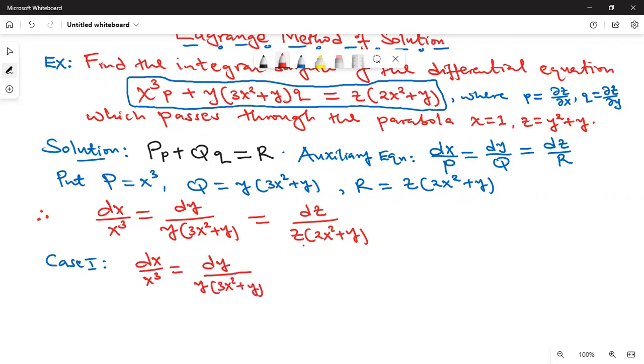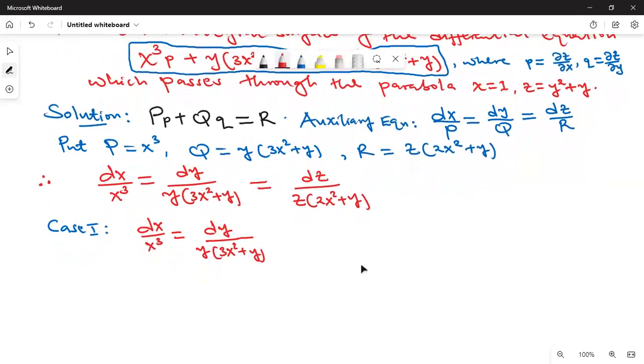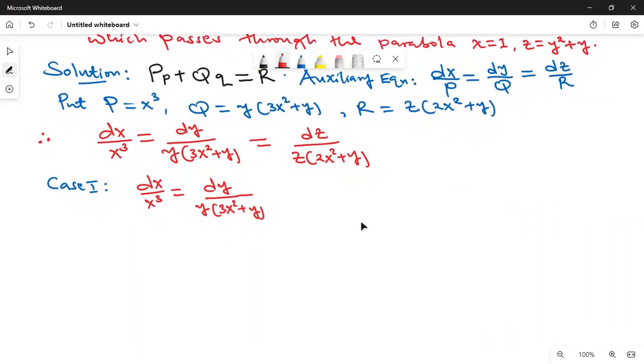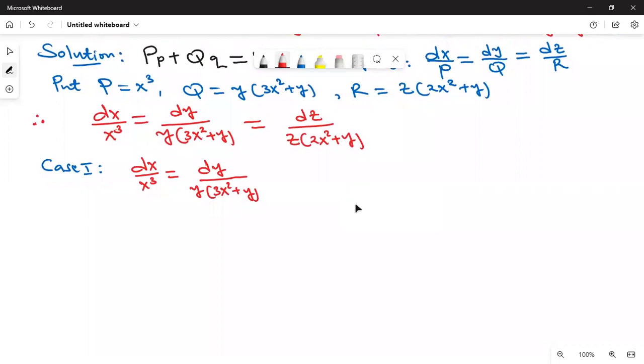Somebody might be asking, why have I taken the first two fractions? It's because in the first two fractions, we realize that the variable z is absent. So it is easy to solve them when we only have x and y, because z is absent in the first two fractions.